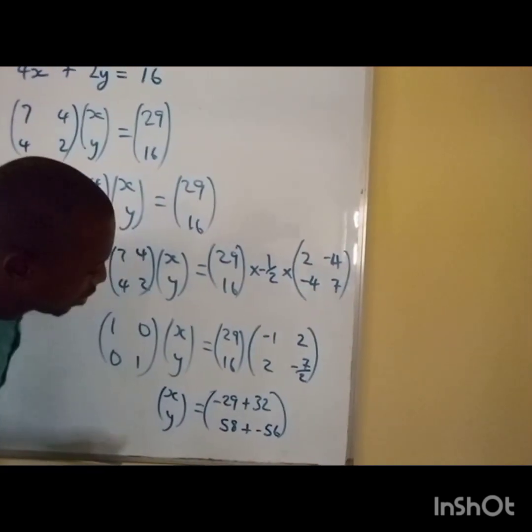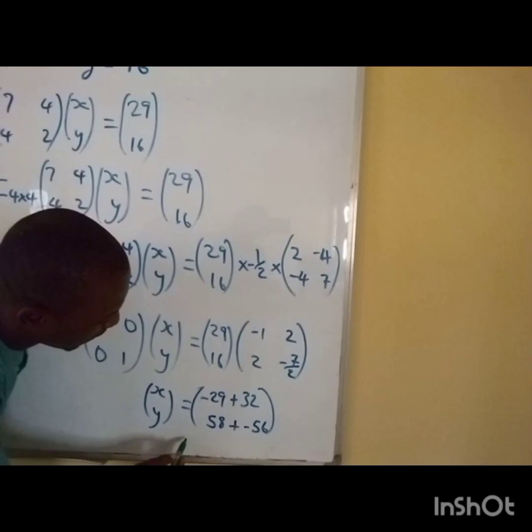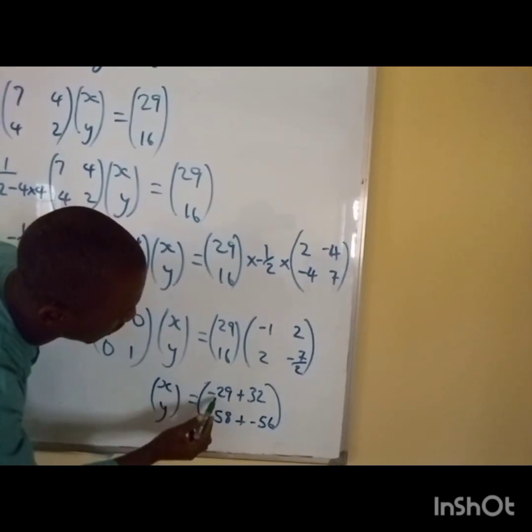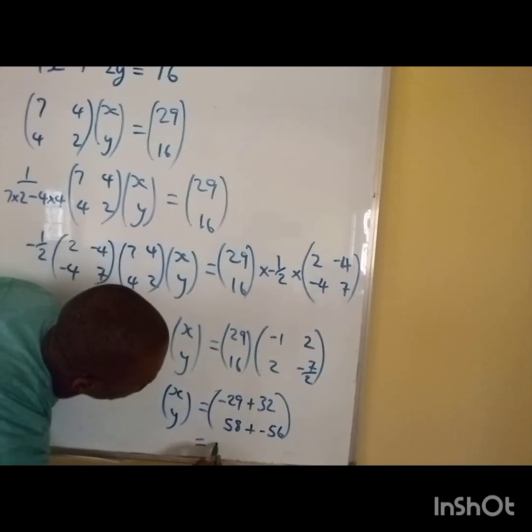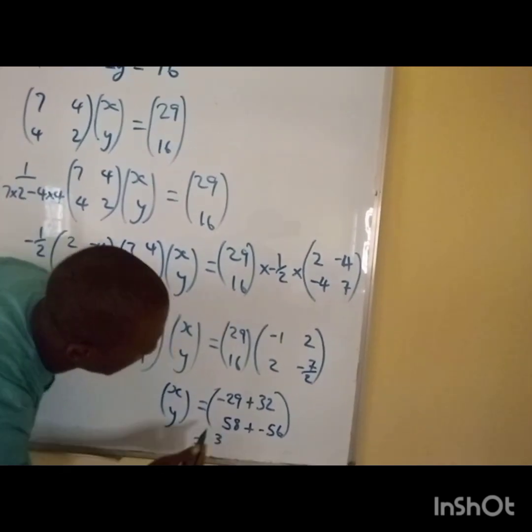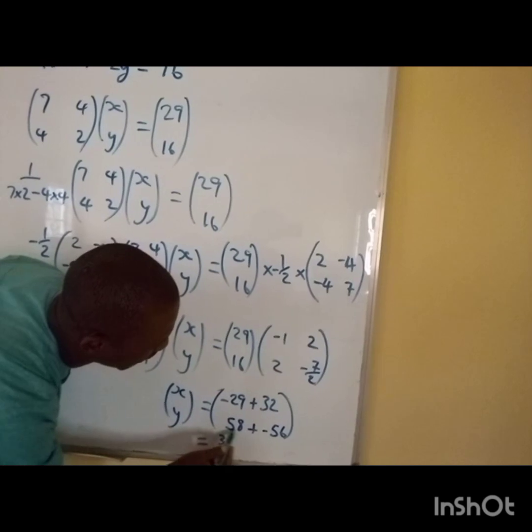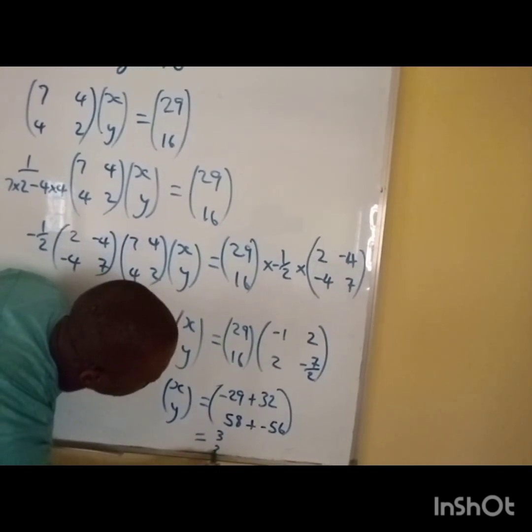So here we have 29 minus 29 plus 32 will give us 3, and 58 minus 56 will give us 2.